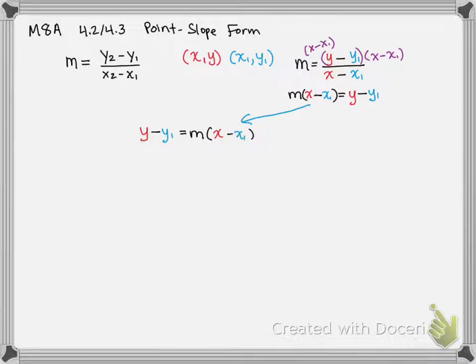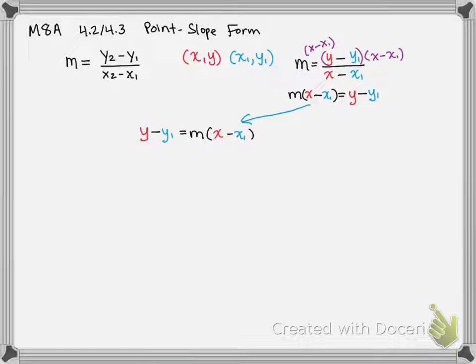Now, what's really cool is that this form reveals the slope of the line and it reveals the coordinates of one ordered pair that's on that line.